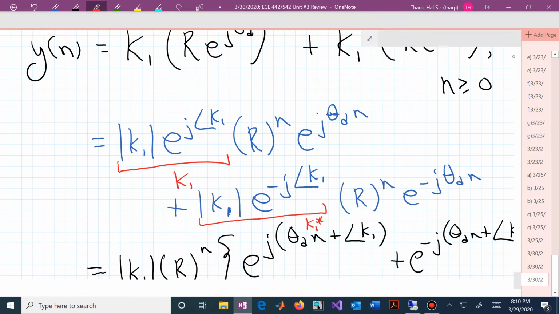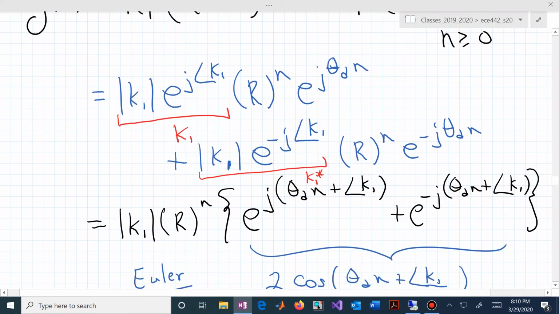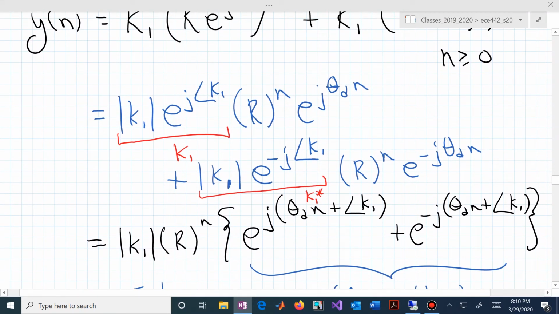You may want to go back over this at a little bit slower pace. Now if we factor out the common factors, we have the magnitude of K1 that's common to both of those terms. We have r to the n common to both of those terms. And now let me combine the exponential pieces.